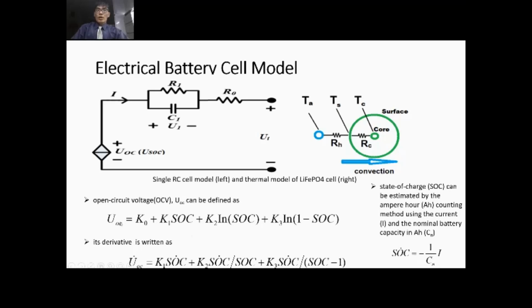So if we try to differentiate this UOC, in short UOC dot, you will give us K1 SOC dot plus K2 SOC dot divided by SOC plus K3 SOC dot divided by SOC minus 1.